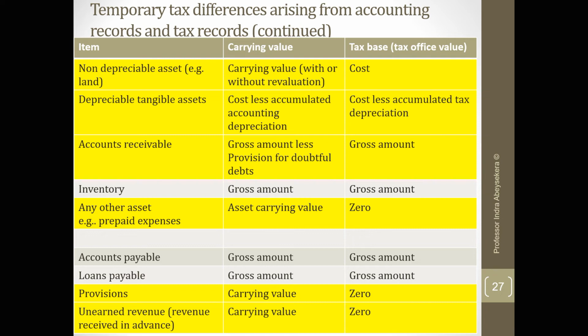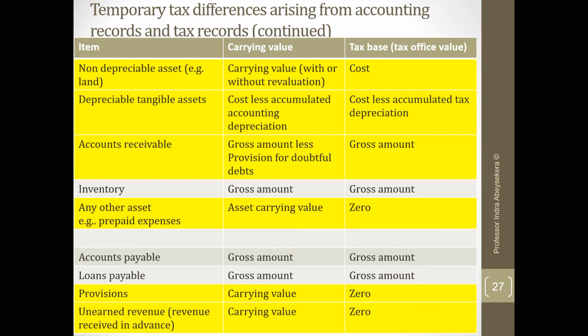Inventory, there's no difference. And any other prepaid expenses: the asset has a carrying value for accounting, but for tax, the prepaid expenses have zero value because they are already prepaid.